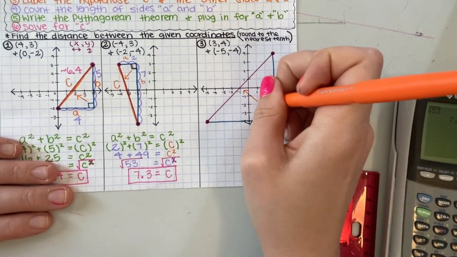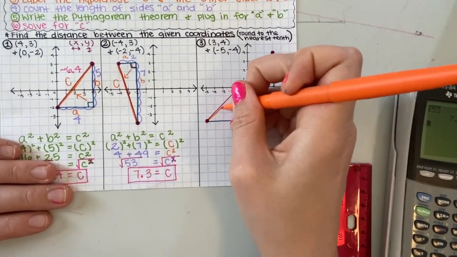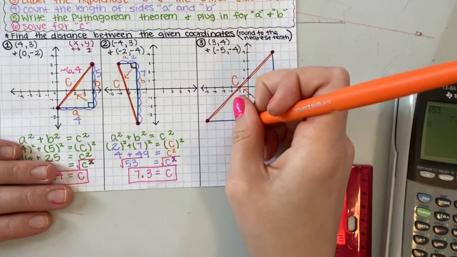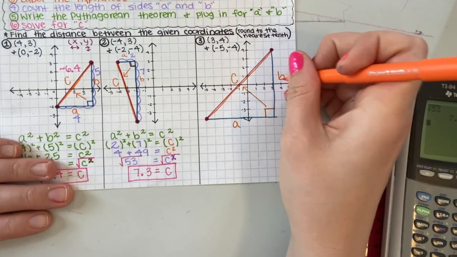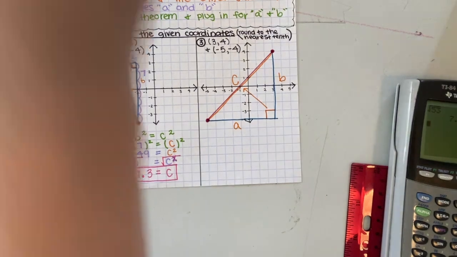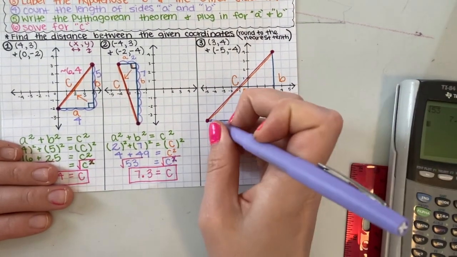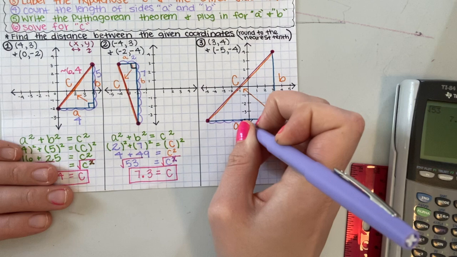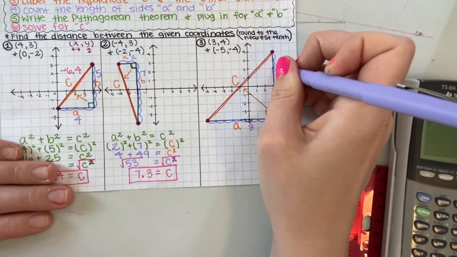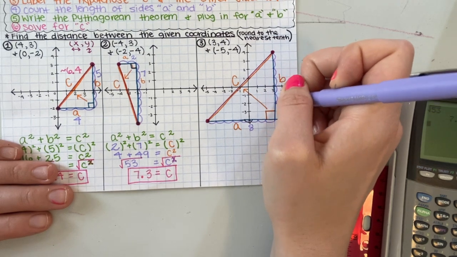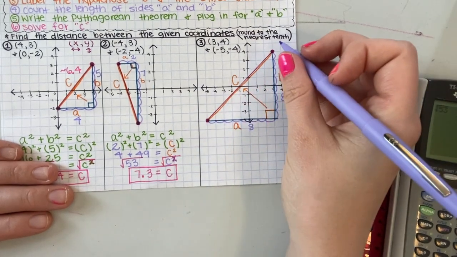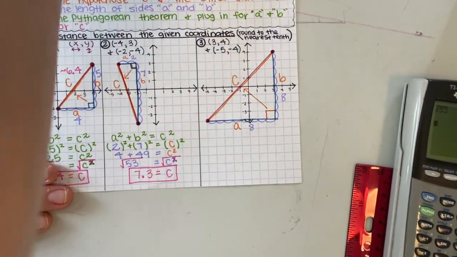The one diagonal from my right angle is my hypotenuse, which is C. And then the other sides, doesn't matter which one's which, are A and B. I'm going to count the length of A and the length of B. And then I don't know the length of C.